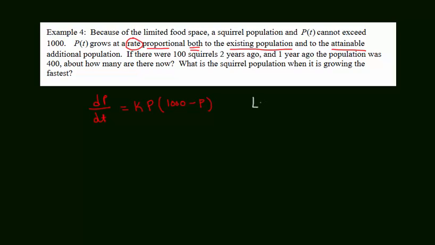The limit is 1,000, can't exceed 1,000. The initial population we're going to call 100.